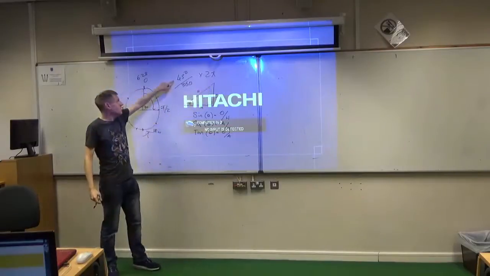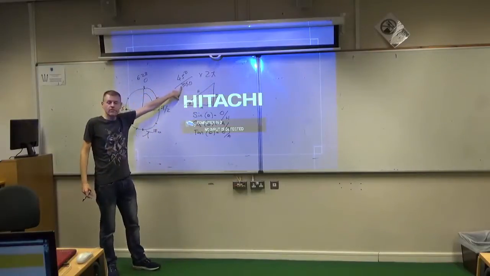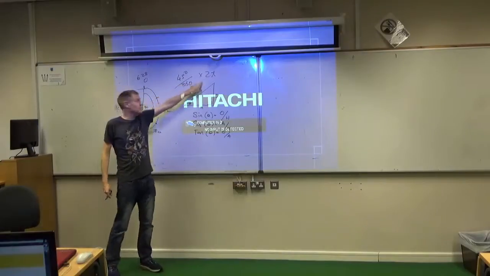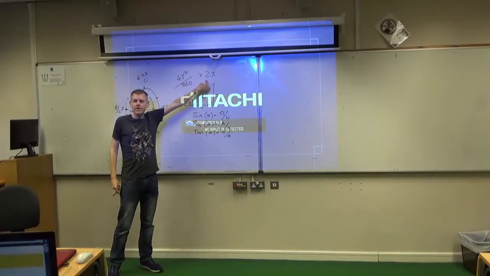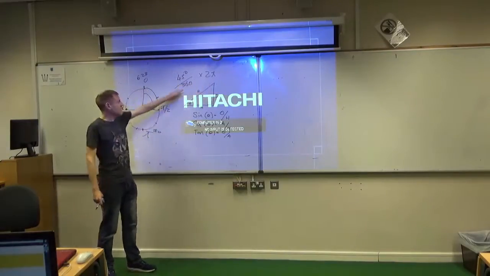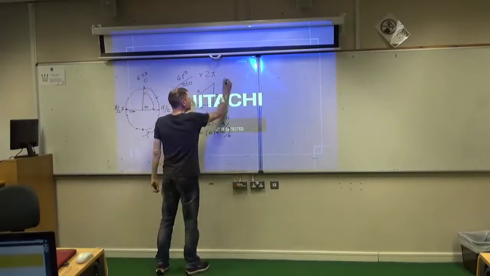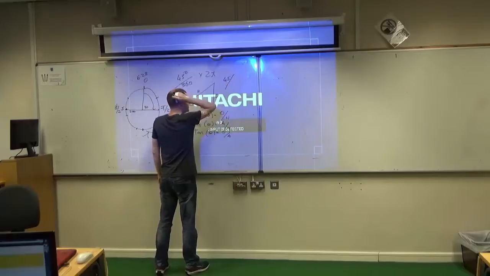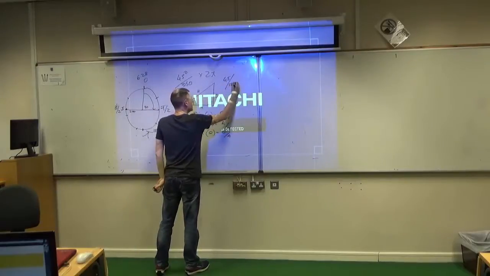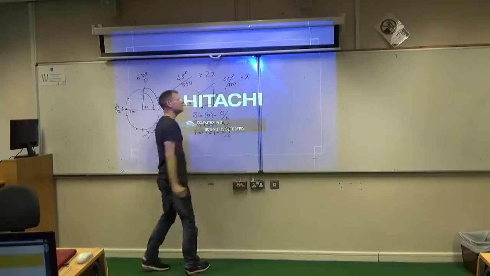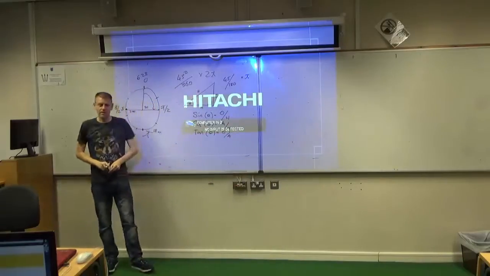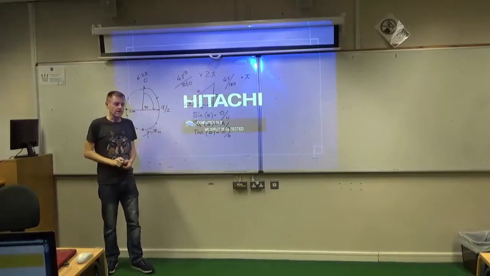If this was 180 over 360, you would get a half, and a half multiplied by 2 pi gives you pi. So a simpler way, rather than divide by 360 and multiply by 2 pi, is just to take the degrees value, which is 45, divide by 180, and then multiply by pi. So that's our equation for converting degrees to radians.